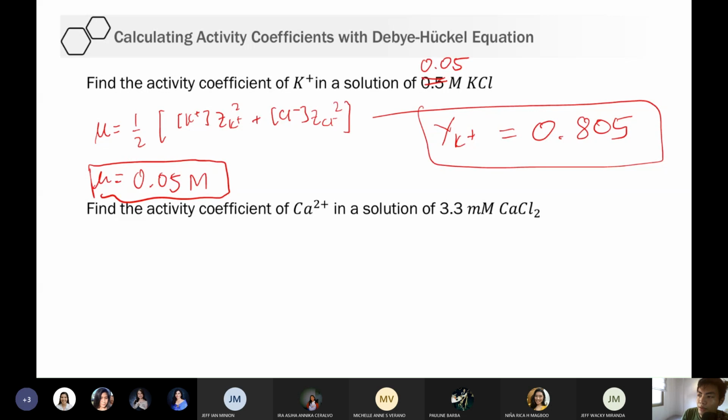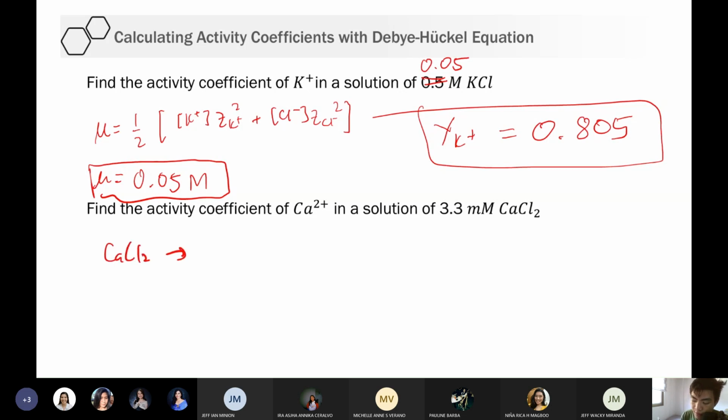About this one, we have to find the activity coefficient of calcium in 3.3 millimolar calcium chloride solution. Solve for ionic strength. This one, I'm not going to use mental math. So let us show the solution. We have calcium chloride.